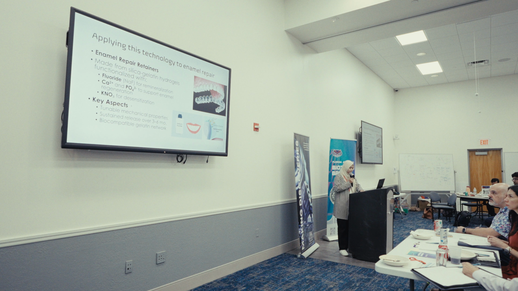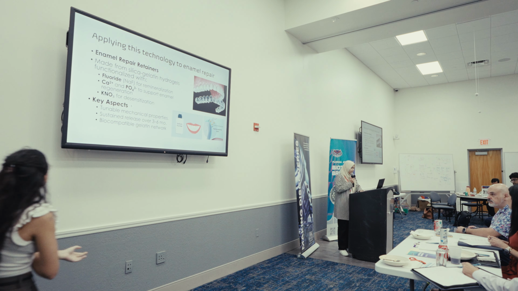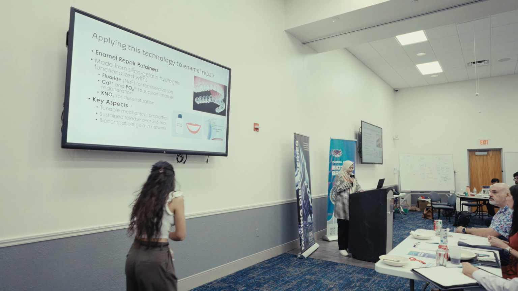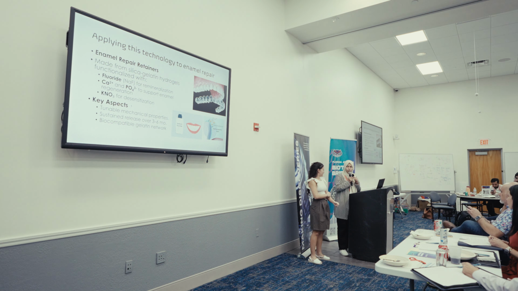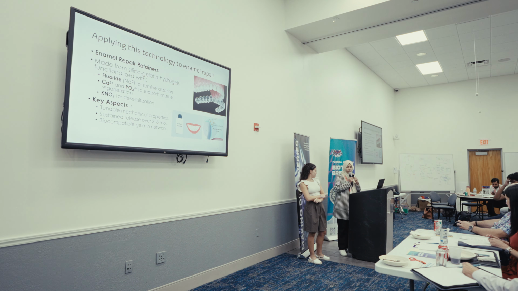This technology is effective because of some key aspects: tunable mechanical properties, which can be customized based on needs, and sustained release over 3 to 6 months. It also has a biocompatible gelatin network, which is safe for oral use.